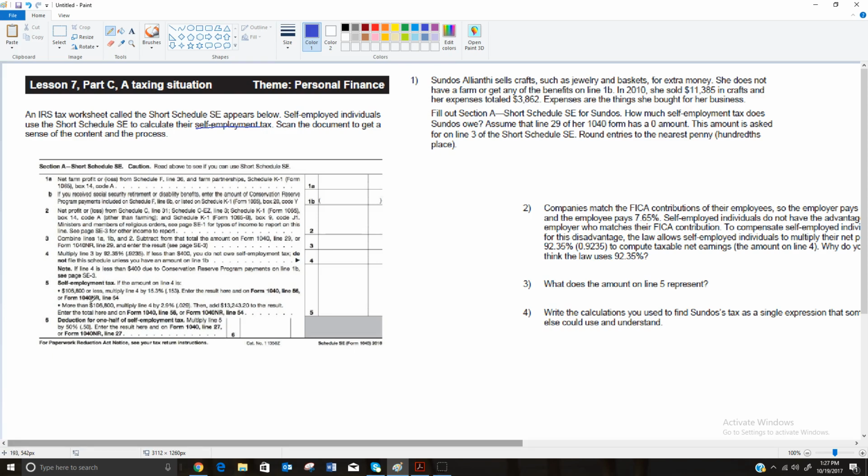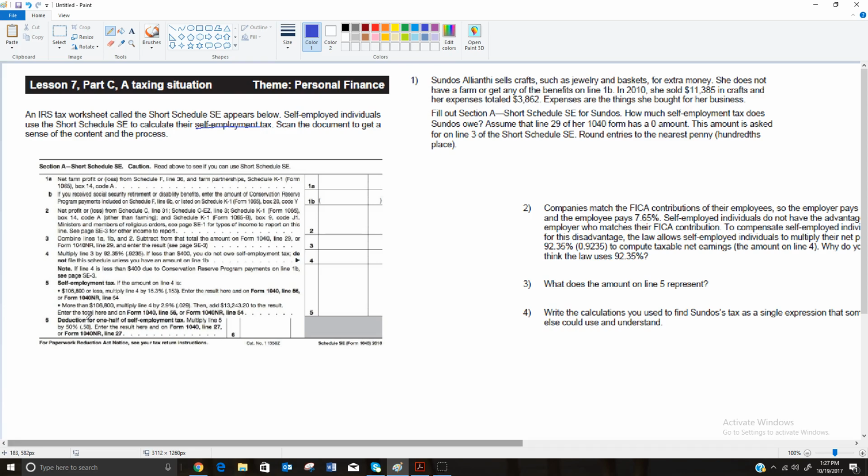But if it's more than $106,800, we multiply that line by 2.9% or 0.029 and add on $13,243.20. Enter that total here.